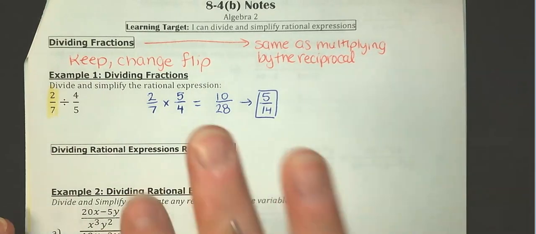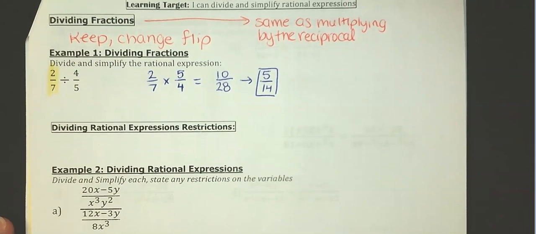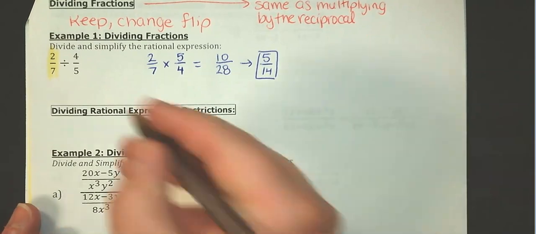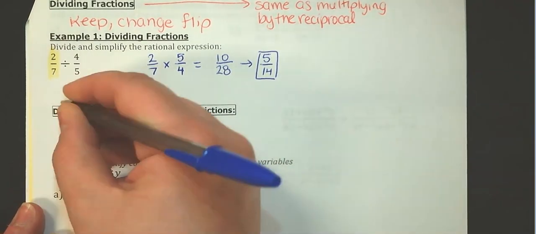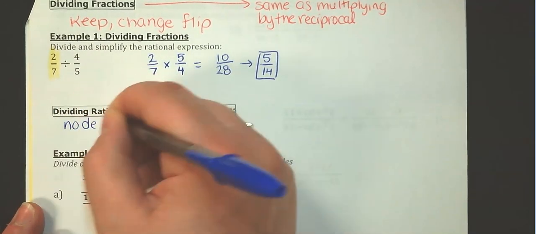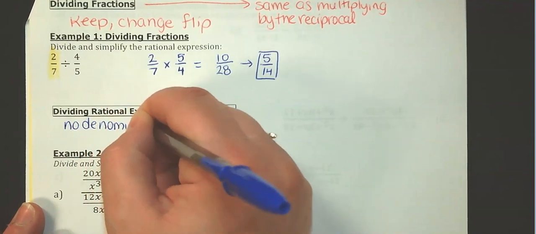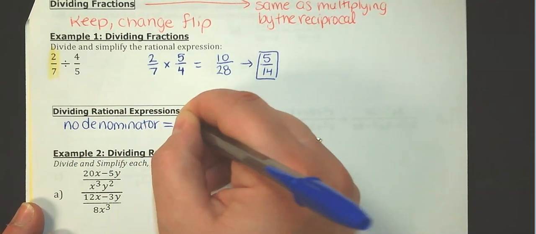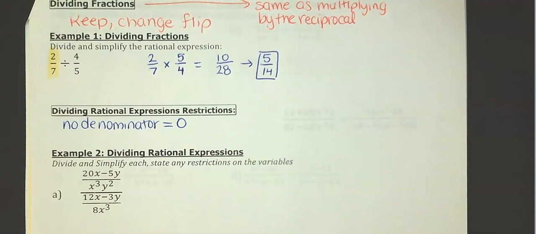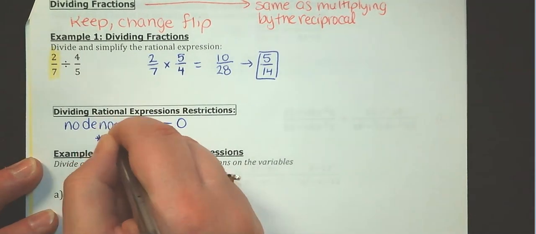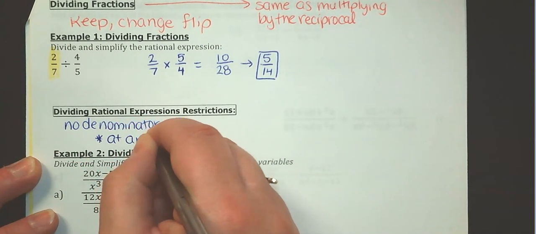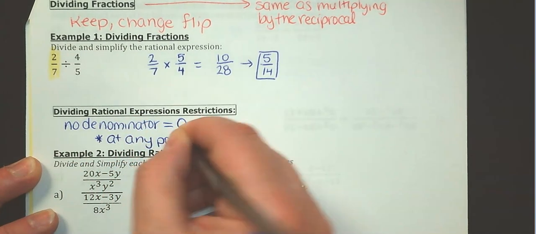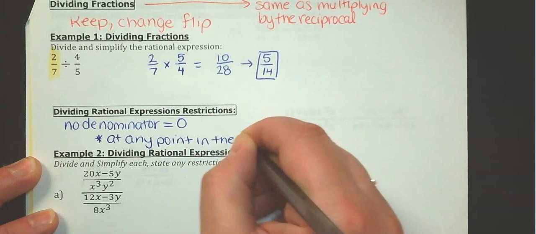Okay, now the only other thing I have to remember, dividing rational expressions, restrictions. Okay, so I'm going to write no denominator equal to 0. We want to exclude anything that would make our denominator equal to 0. Now, the one thing with the division, this is at any point in the problem.